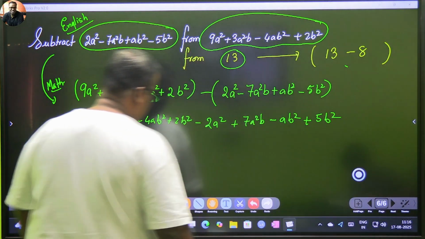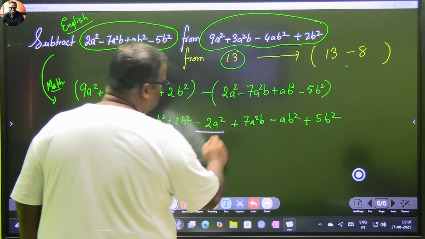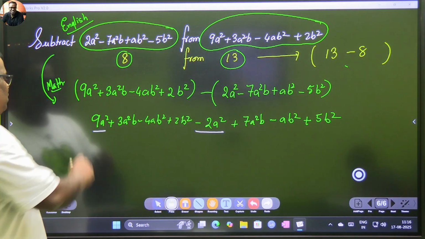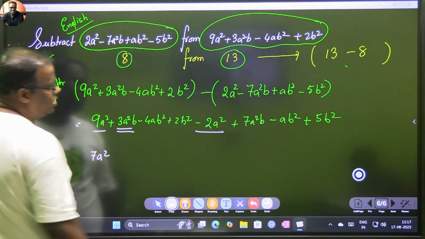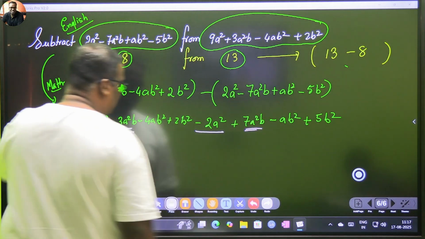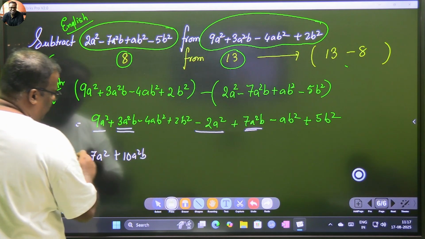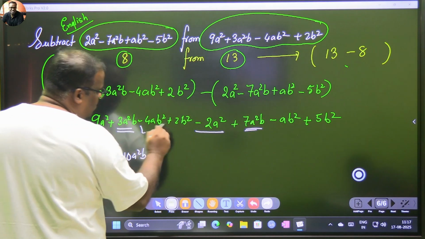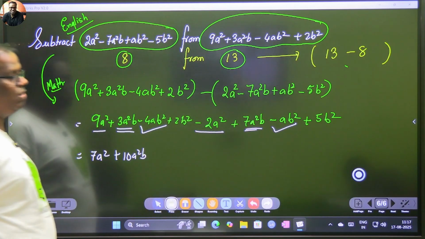Now you look for similar terms. 9a square and minus 2a square: yes, very good, so it is 7a square. Then the a square b terms: 3a square b and 7a square b make 10a square b. Have you understood? Then 4ab square and minus ab square.